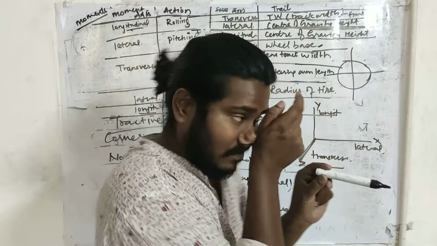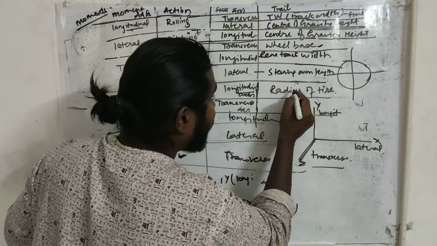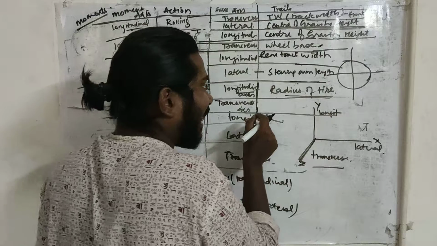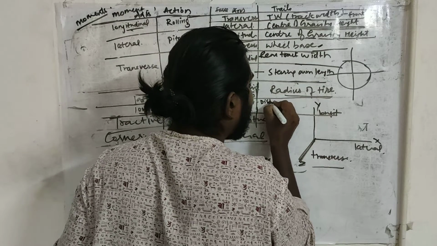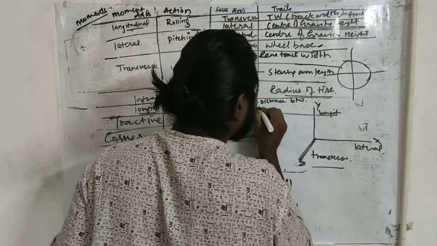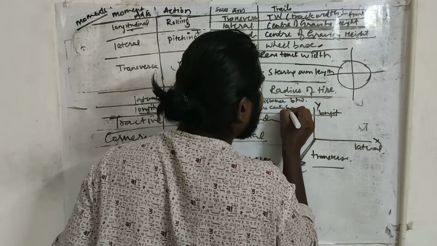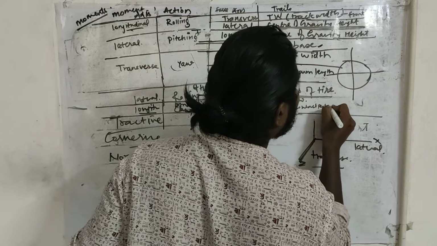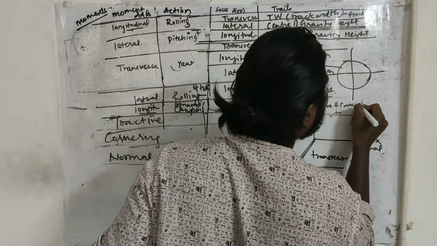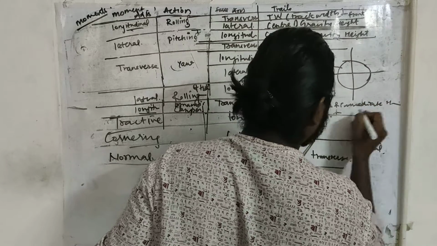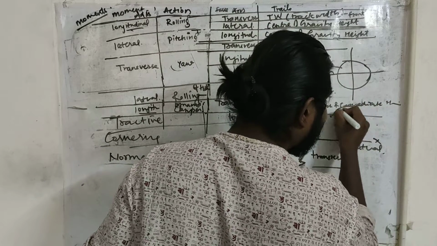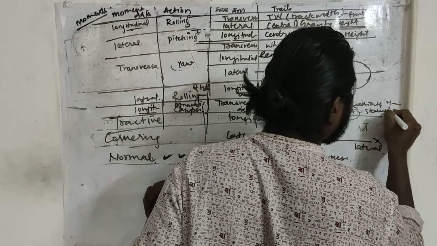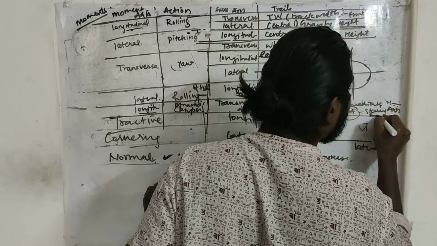Okay, and what is the trail? Trail is the distance between the tire center contact patch and the immediate hinge point, or I could say the steering axis or kingpin axis.